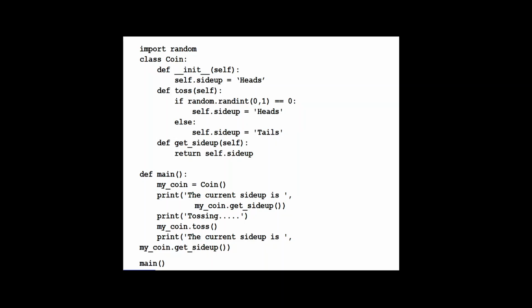So we may get heads or tails, and in that case we can import the random module, and then we can use a random integer, let's say 2 integers only, 0 or 1 for example. 0 simulates maybe heads, 1 simulates tails, and in that case we can make our toss.